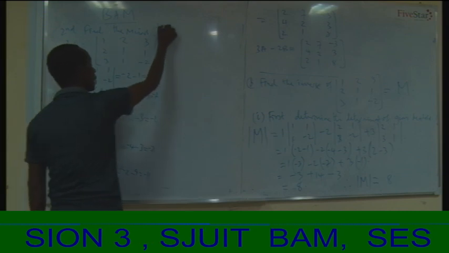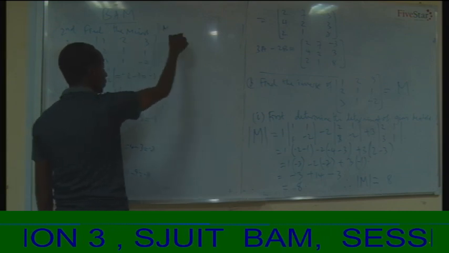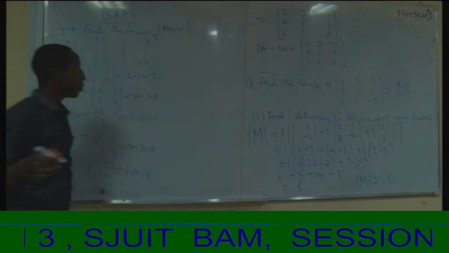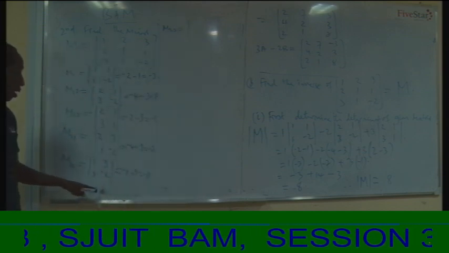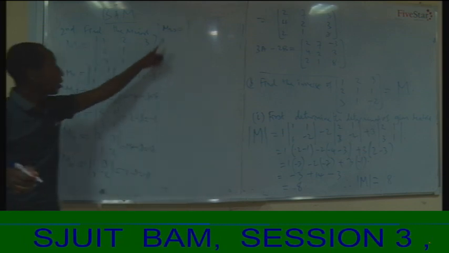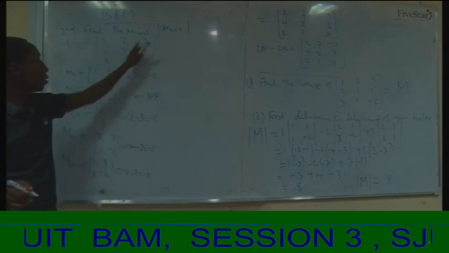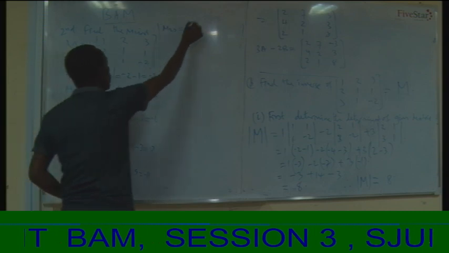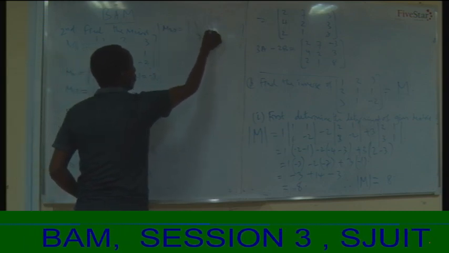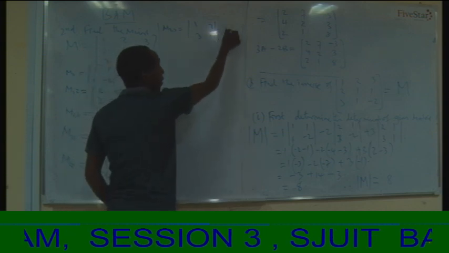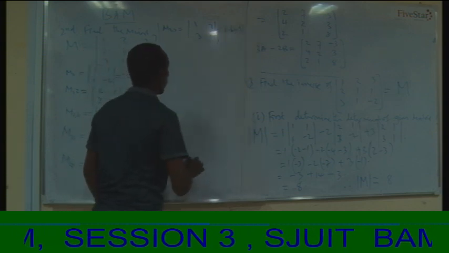Then we find M23, that is the determinant obtained by deleting the second row and third column. We'll have 1, 3, 2, 1, and this is equal to 1 minus 6, which is equal to negative 5.